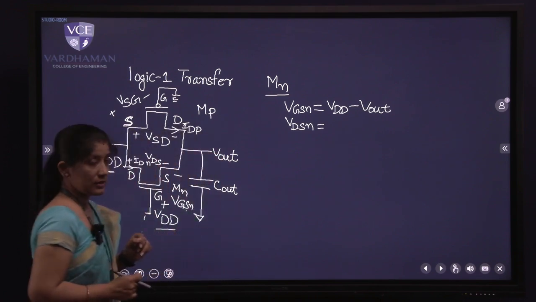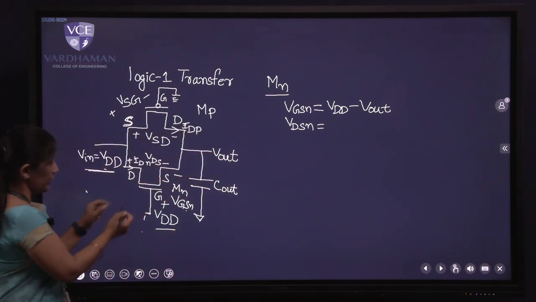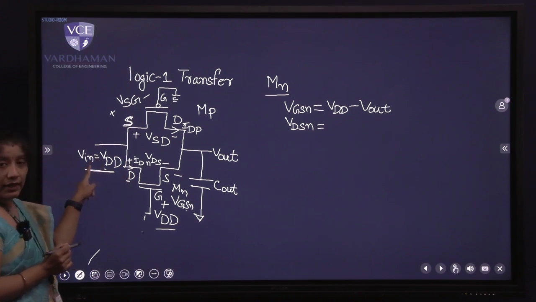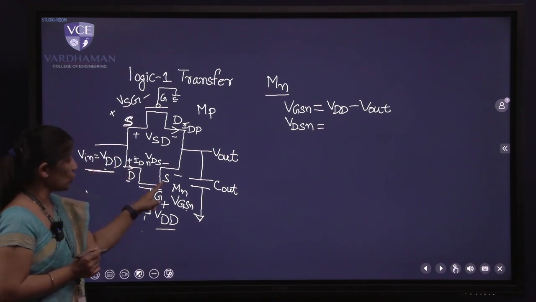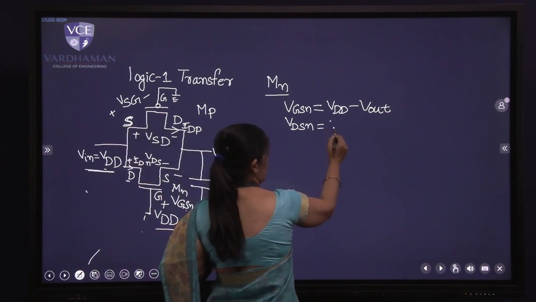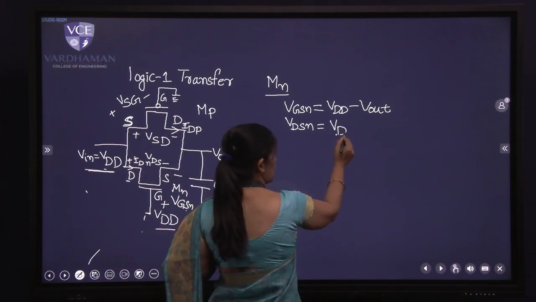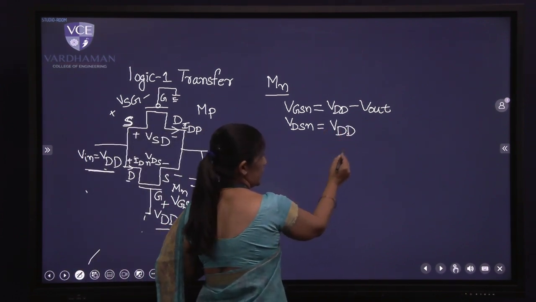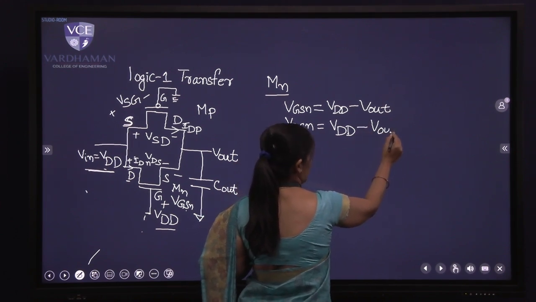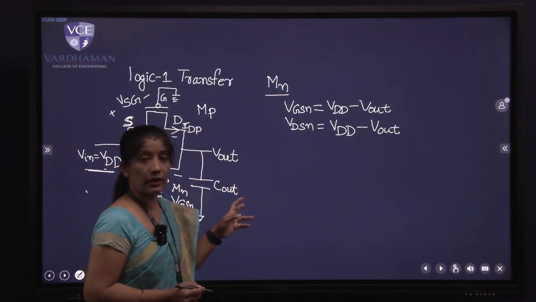VDD minus Vout. Similarly, let me write down VDSN. The drain of NMOS is connected to VDD, and the source of NMOS is connected to Vout. So this is again VD minus VS, where VD is connected to VDD and VS is connected to Vout. So I have written both the voltages here.